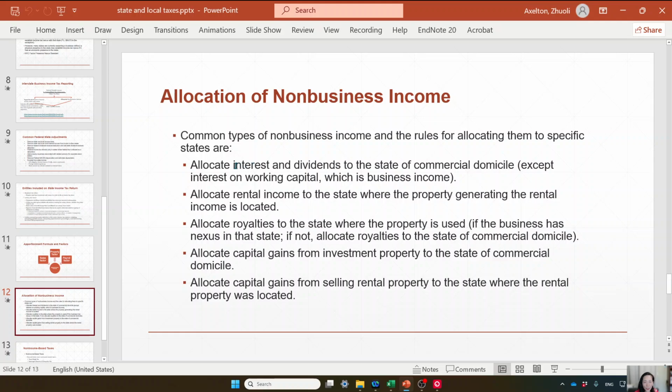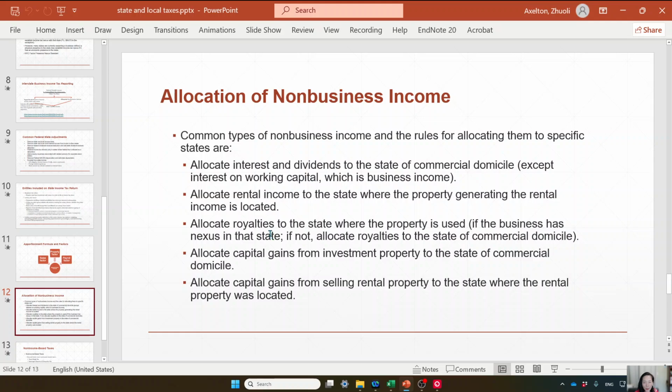For interest and dividends, the allocation will be done to the state of commercial domicile, except interest on working capital, which is business income and will not be part of the allocation. Rental income will be allocated to the state where the property generating the rental income is located, and royalties to the state where the property will be used.